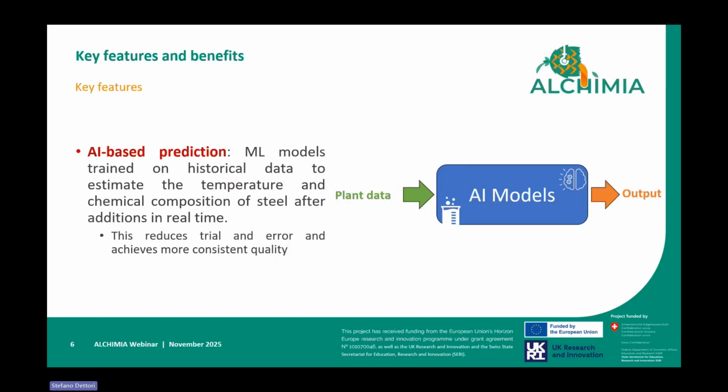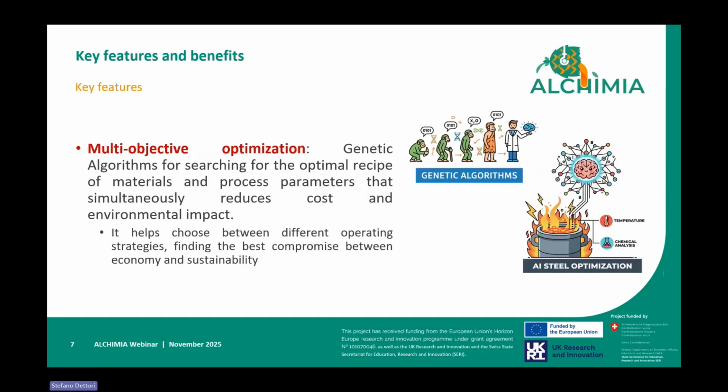The key features of the software are, first, the AI-based prediction: machine learning models trained on historical data that estimate the final temperature and final chemical composition. This allows, for example, to reduce trial and error in achieving a certain steel quality.